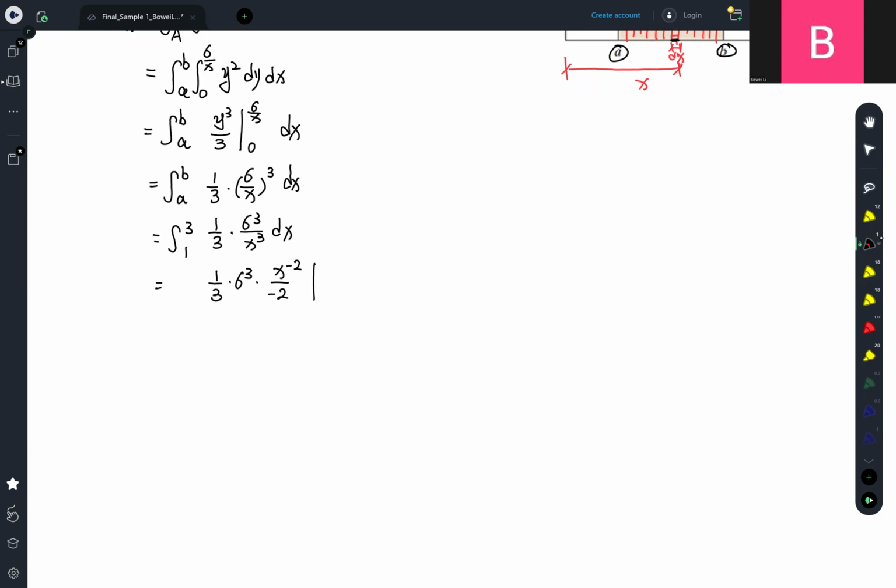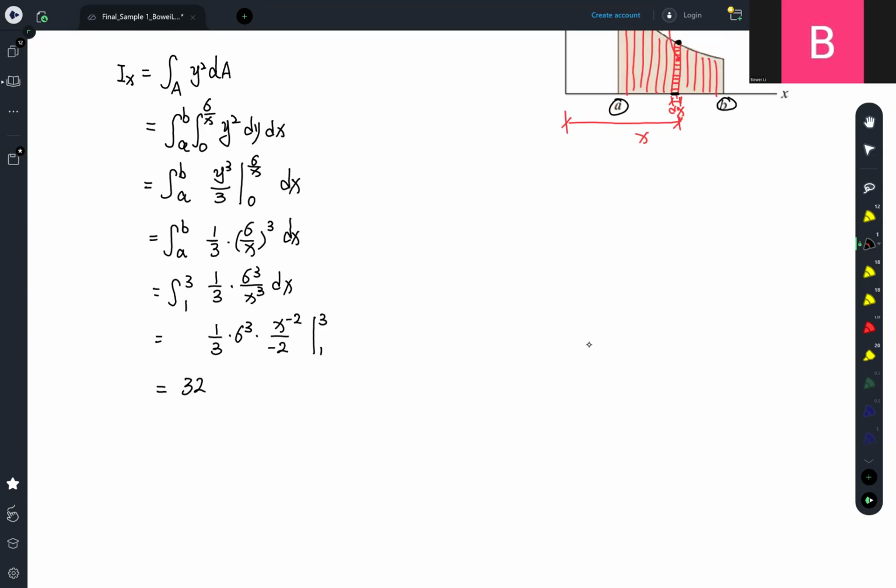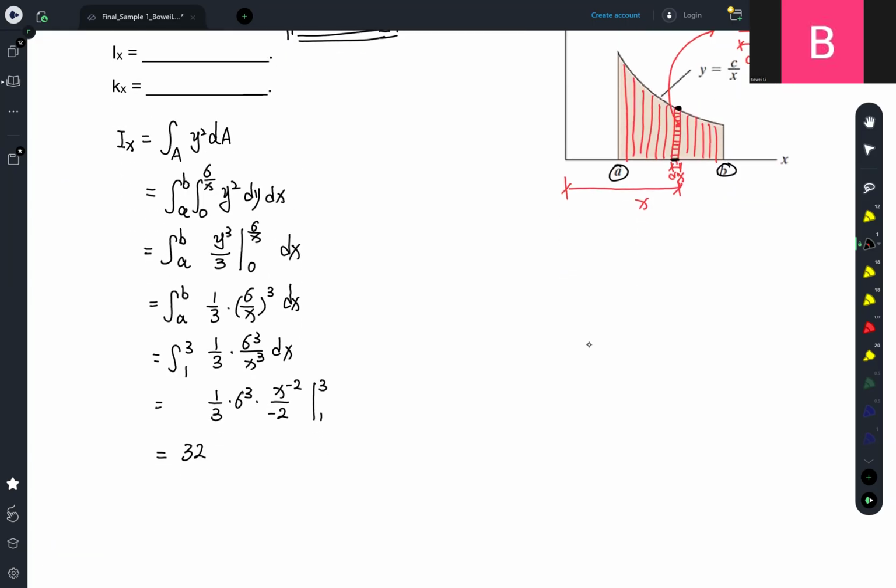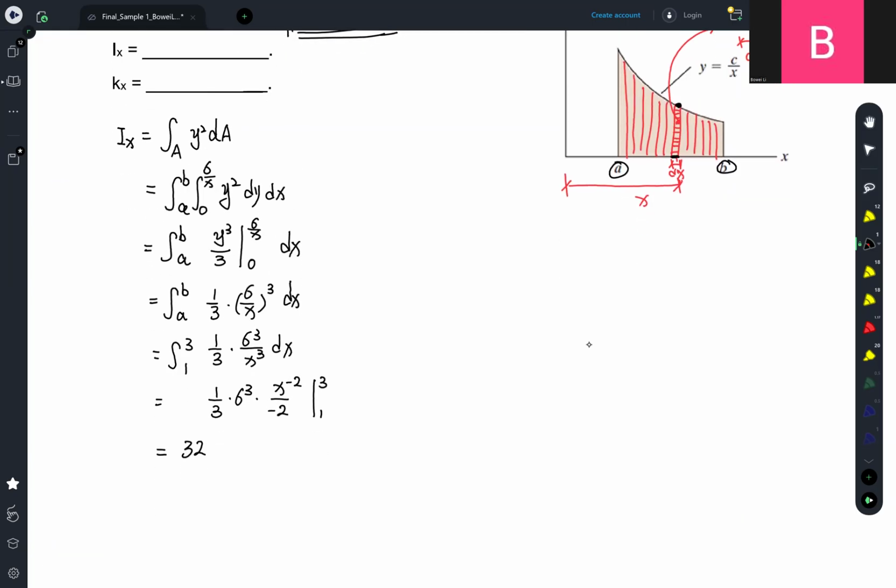So we have lower bound and upper bound, and you can try to evaluate it. Okay, so it actually equals 32, right? Okay, it actually equals 32 here.